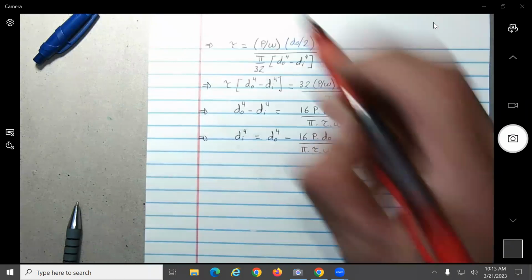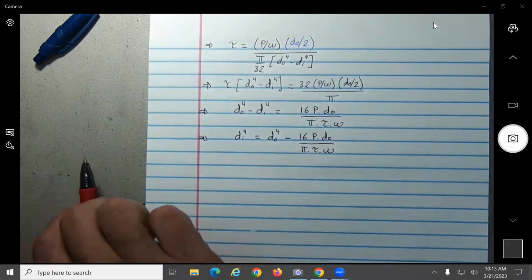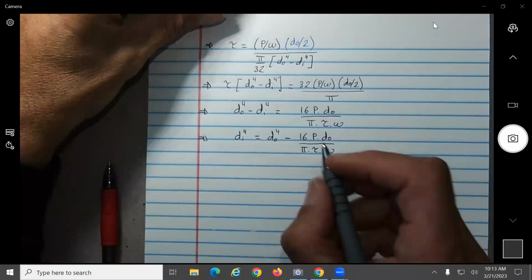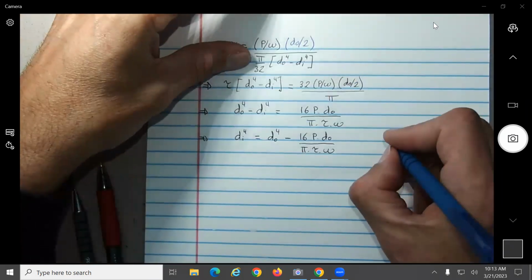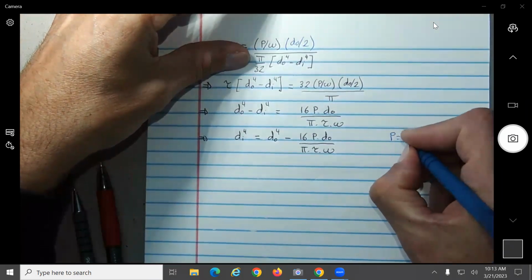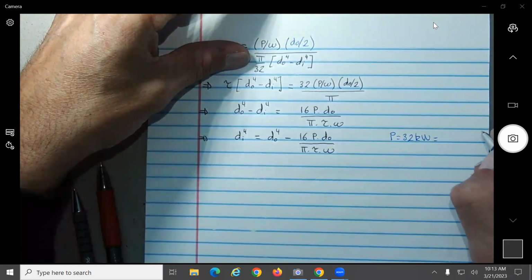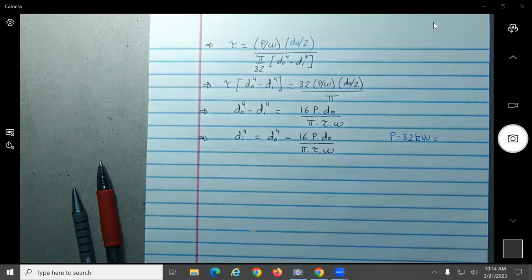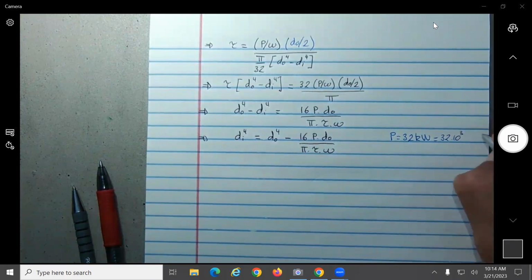Let's see if I have here the solution, the value. So if you solve this, what data do we have? For P we had 32 kilowatts, so you need to write 32 times 10 to the 3.